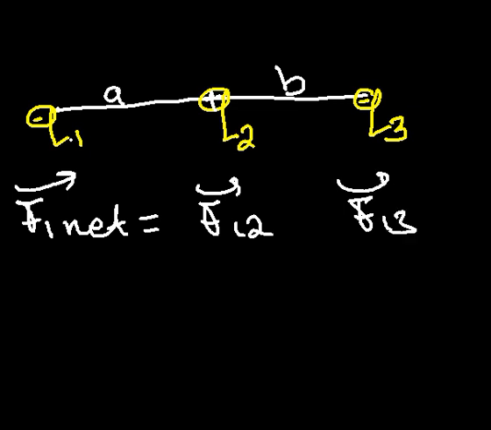Basically, I regard this as the parental charge and this as the daughter charge. Now there is a need to indicate the direction of the force. What is the direction of force F12? The direction of the force F12 is based on the parental charge. What is the parental charge? We have it as charge 1.